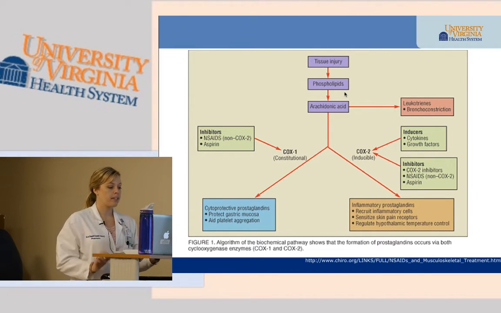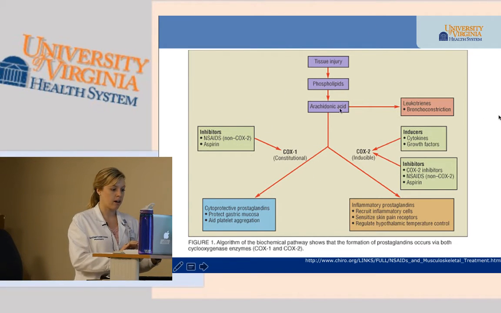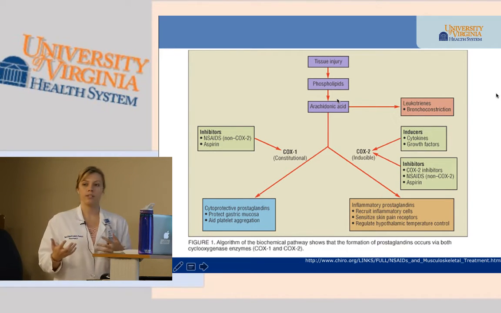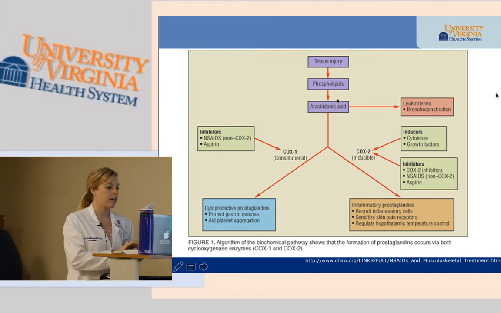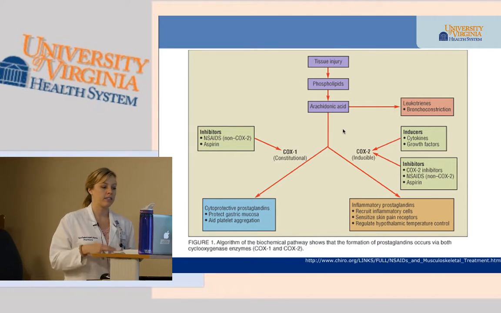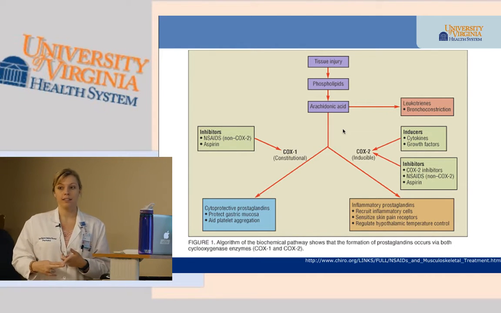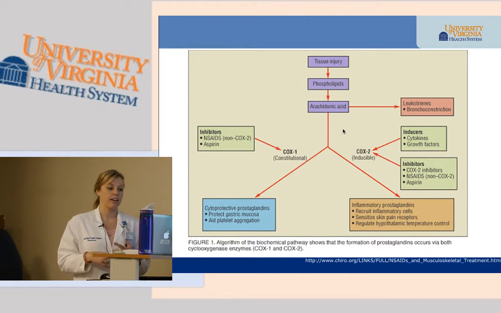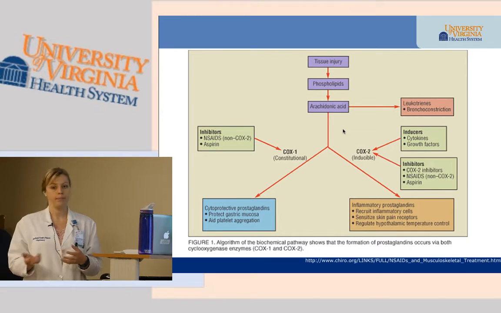So these COX-1 and COX-2 inflammatory markers, these are what we call inflammation inducers in our body. And as you can see, when an injury or something happens abnormally in your body, these are going to release. And they increase inflammation, like prostaglandins are released, as well as any type of inflammation. And it also can regulate your body temperature.